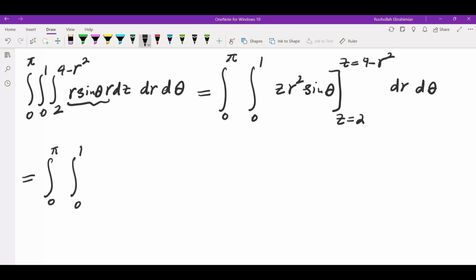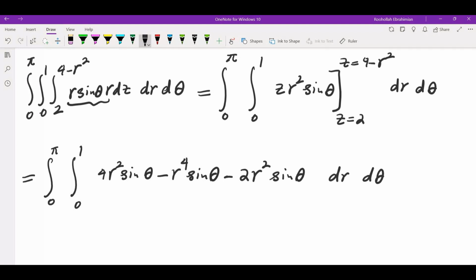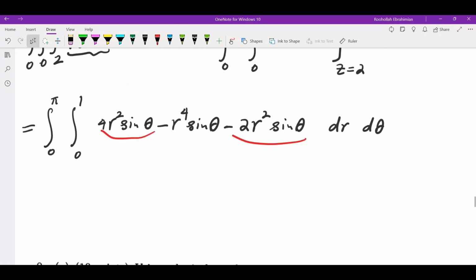When you plug in z equals 4 minus r squared, you get 4r squared sine theta minus r to the 4th sine of theta, and then minus 2r squared sine of theta, dr d theta. Now these combine, so these become 2r squared sine of theta.